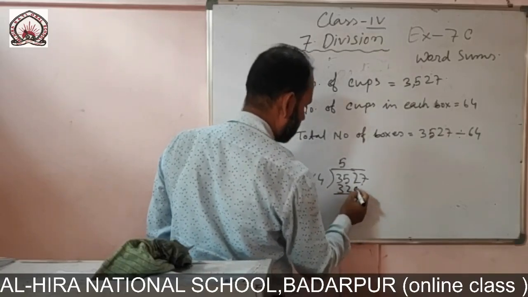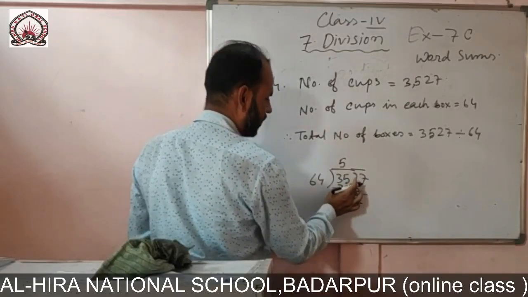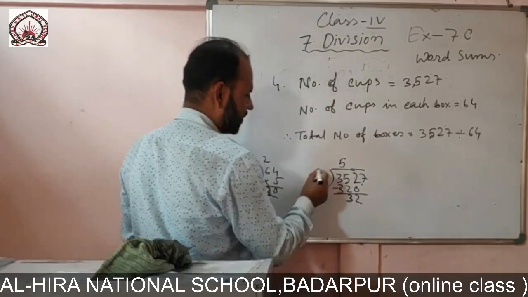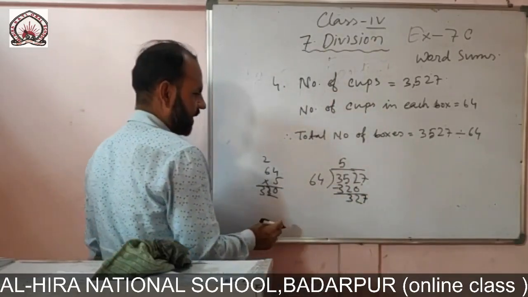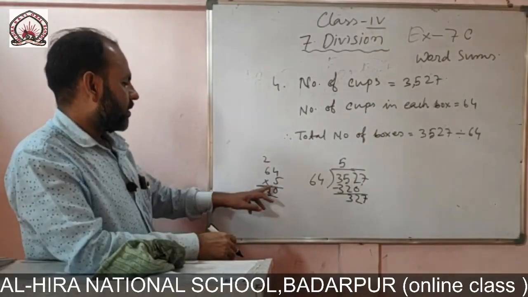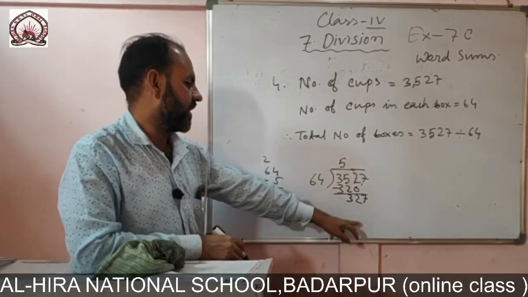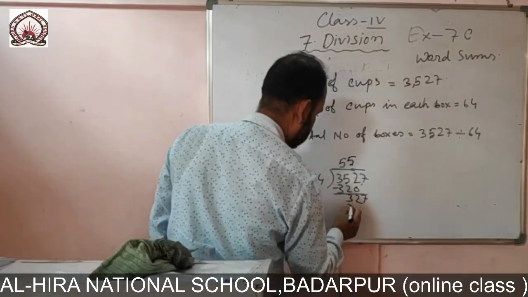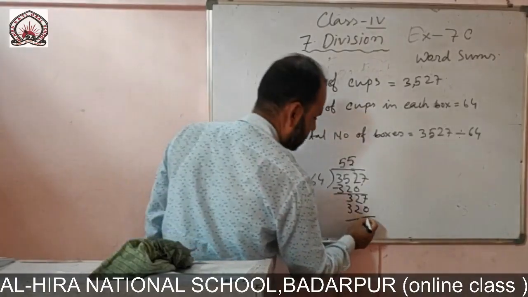There remain 2. 2 minus 0 is equal to 2, 5 minus 2 is equal to 3, and 3 minus 3 is 0. We take down 7, then 327. Here 64 times 5 is 320 and there 327, so once again it is 5 times, then 320, so remain 7.